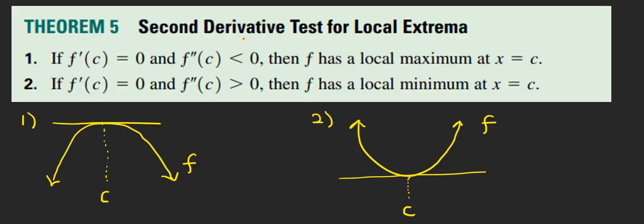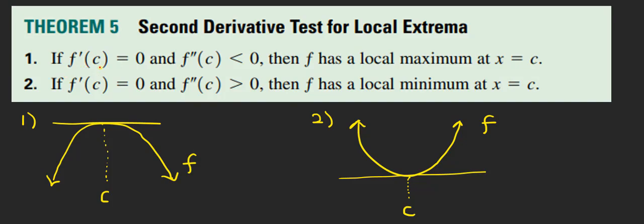We can use the second derivative test to find local extrema. If you recall, we used the first derivative test to find local min and local max. But we could also use the second derivative to find the local max and local min. And this is what I mean.